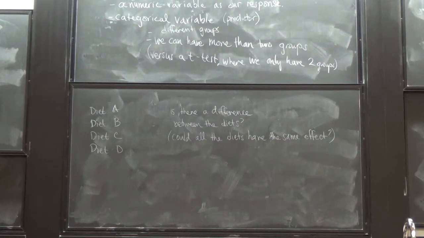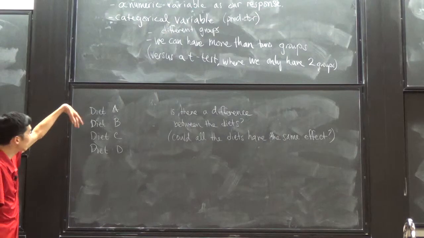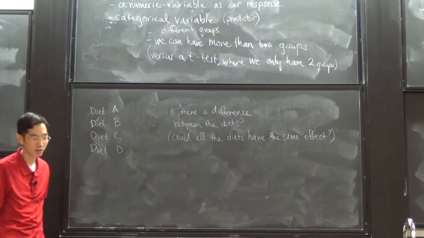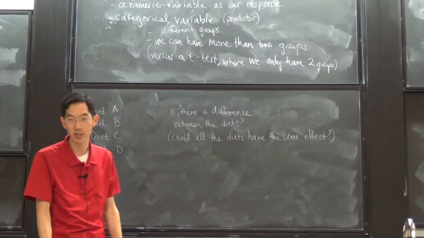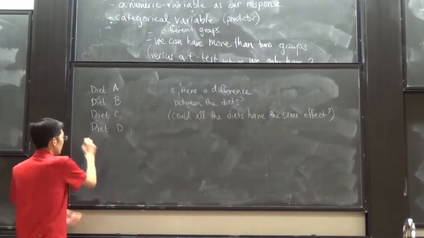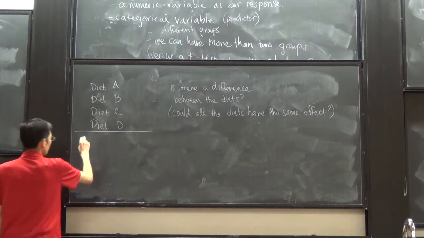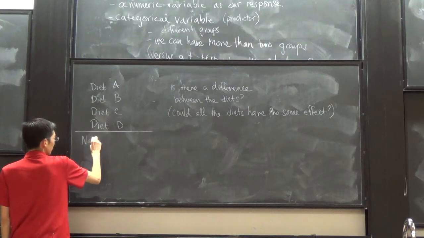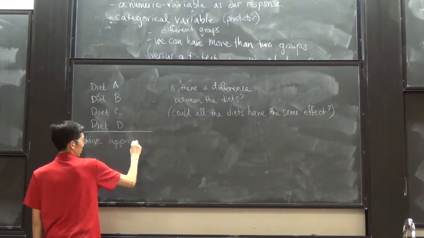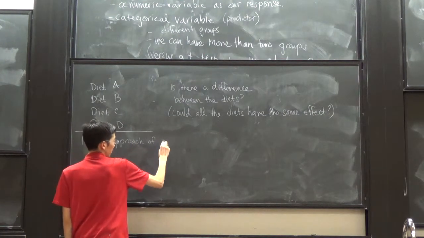With a t-test, if we did not know ANOVA, we might be tempted to just do a bunch of t-tests. So let me call this the naive approach of multiple t-tests.